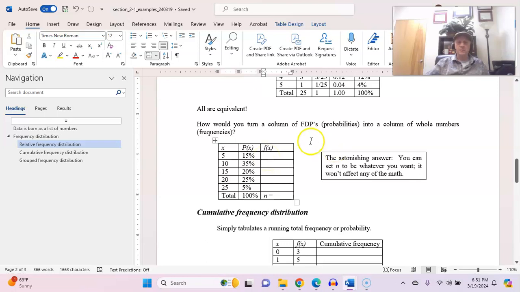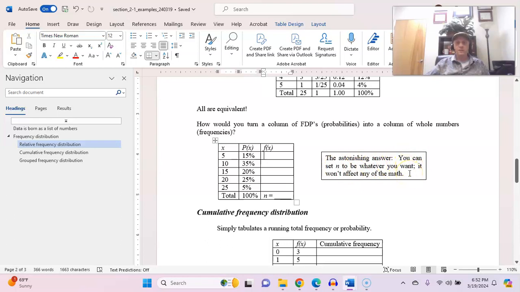I guess literally we don't really know, because we don't know how big the whole list was, right? We don't know if this means 15% of 38, or 15% of 100, or 15% of 3,249. But the astonishing answer is, for purposes of doing math with this distribution, you can actually set n to be whatever you want.